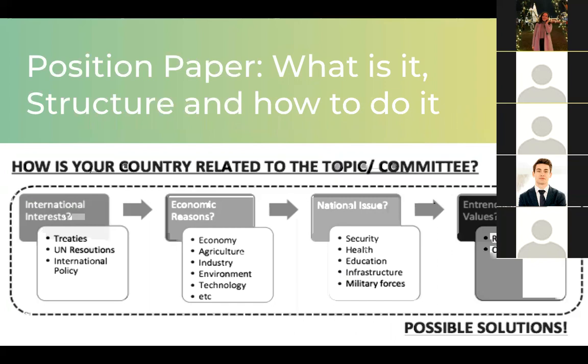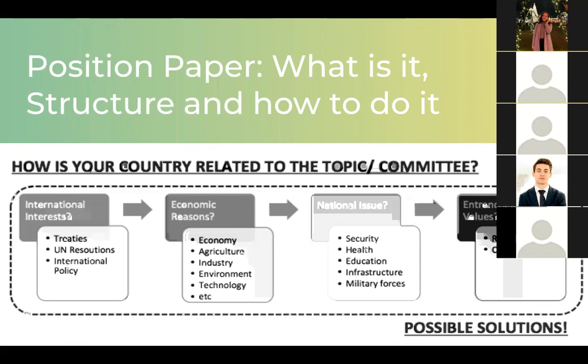You should also ask yourself small questions to make your paragraphs and divide your information. Is your country a member of the committee, an organization? Did it sign treaties regarding the topic, for example, in the first part? The second part, the economic reasons.